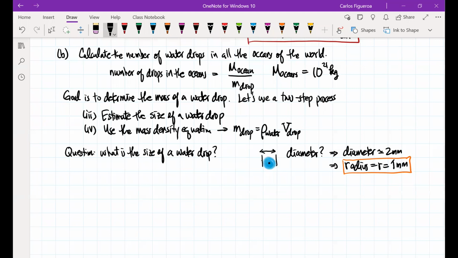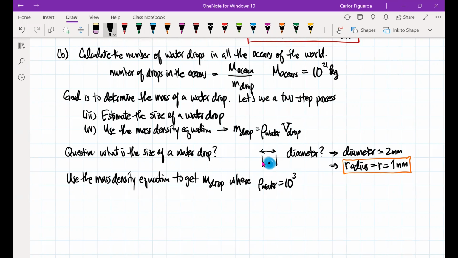Now I'm going to use the mass density equation to get the mass of a drop, where the density of water is 10 to the 3, 1,000 kilograms per meter cubed. Uh-oh, I didn't calculate the volume.